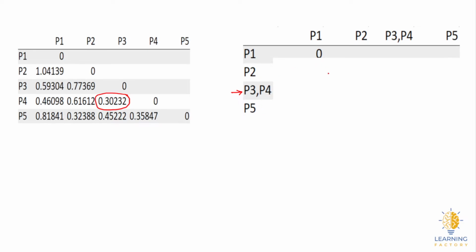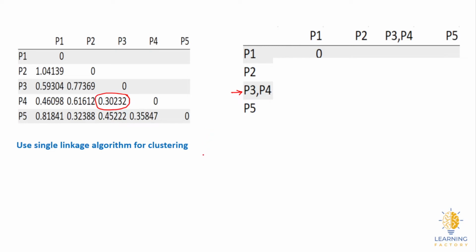Now we would like to update this proximity matrix, and to do that we make use of the single linkage algorithm for clustering. What do we mean by single linkage? In single linkage, we find the distance between clusters.